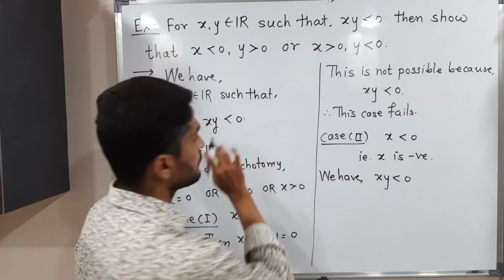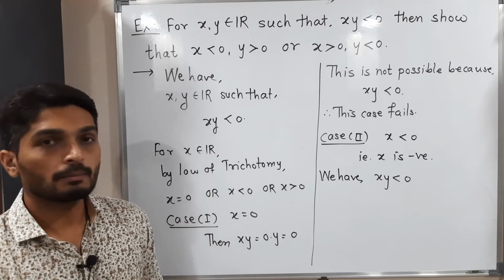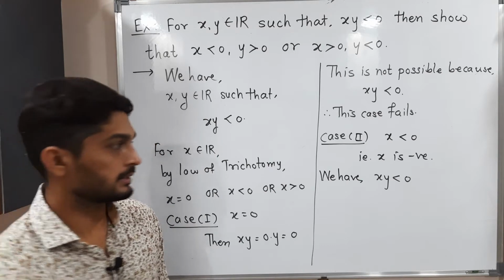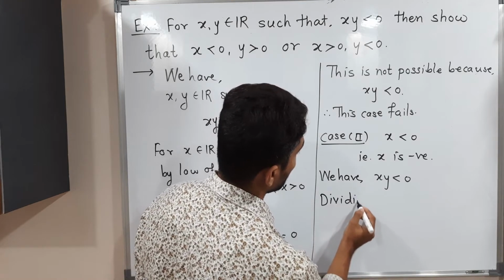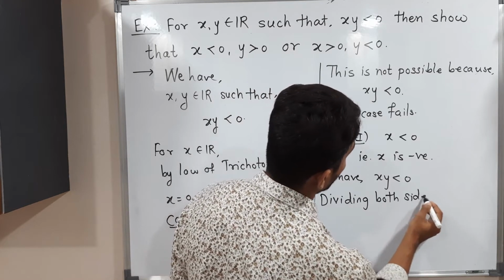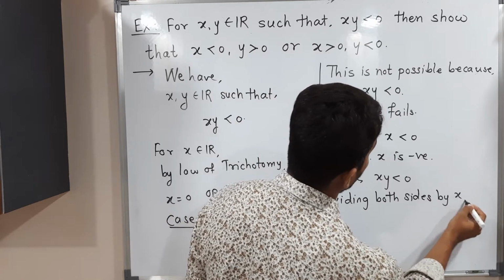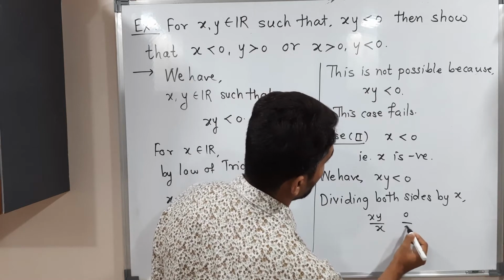See, I am going to divide both sides by x. Dividing both sides by x. So what will happen? xy upon x and 0 upon x.